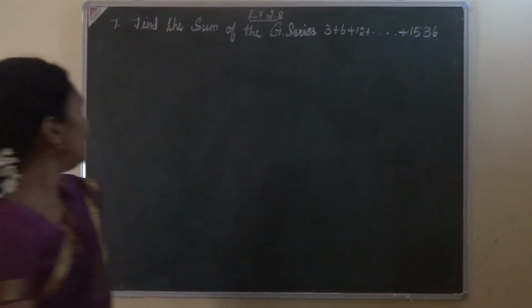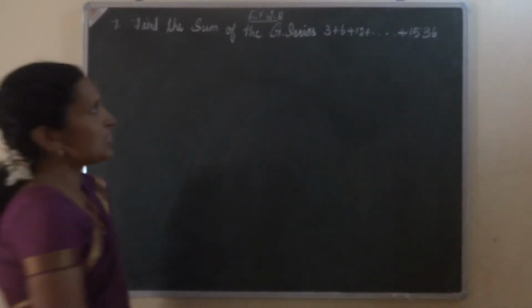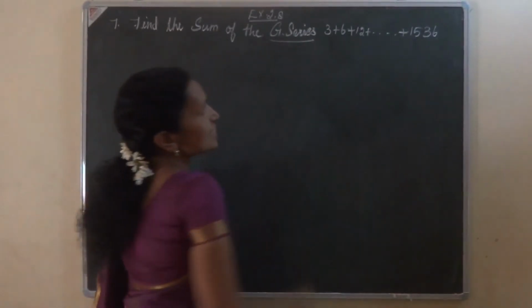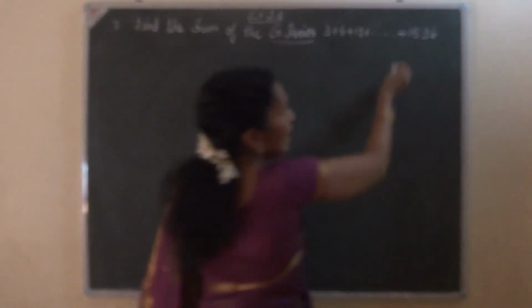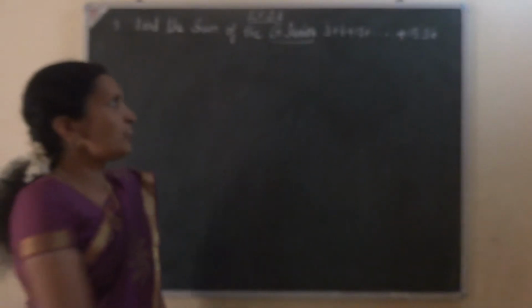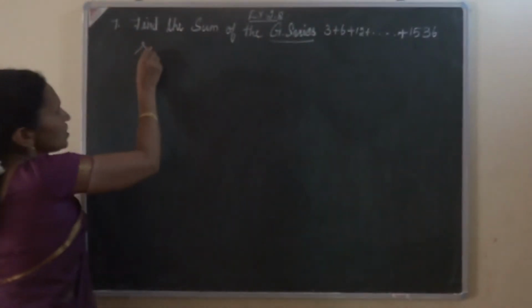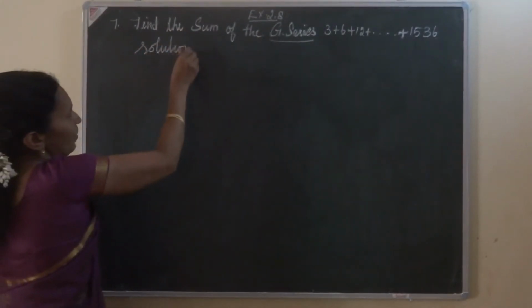What is the question? Find the sum of the geometric series 3 plus 6 plus 12 plus etc. plus 1536. From the series, first you have to write what is given.